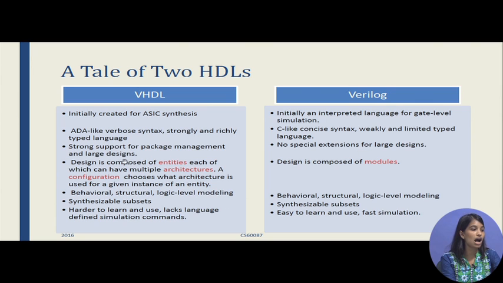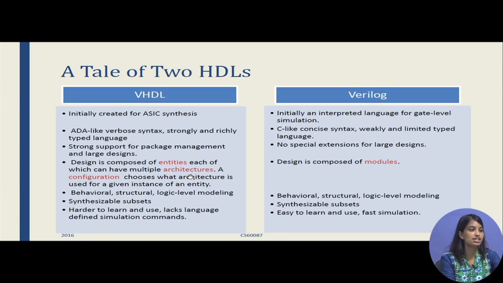And in the way the code is written, in VHDL we have entities, the entities have architectures inside them, and architectures have configurations. This is how the basic structure of a VHDL code looks, and in Verilog we have only modules.